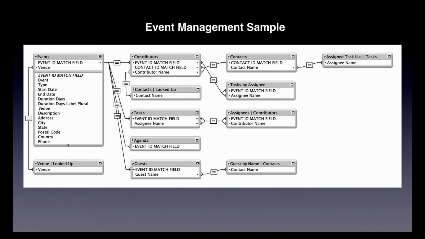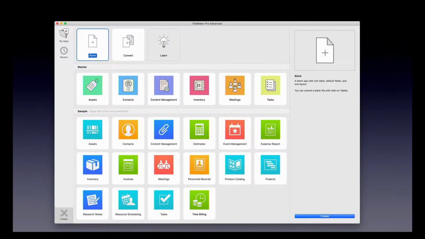I've always struggled with what's the difference between a starter and a sample. Why are there 2 categories? I think the only difference is that the samples were originally created in an earlier version of FileMaker, and they kept them around. Then I don't know if it was FileMaker 16 or something, they came out with starter solutions, and they just left the samples there.